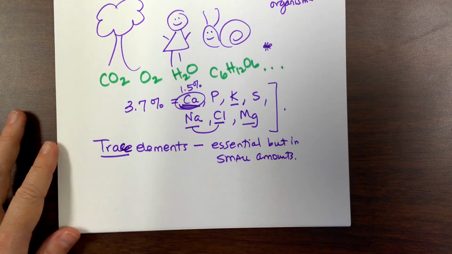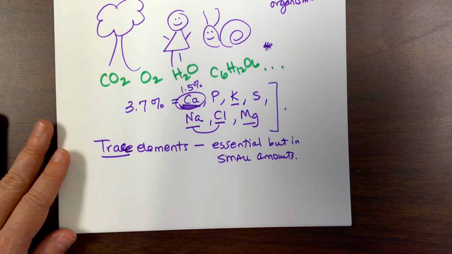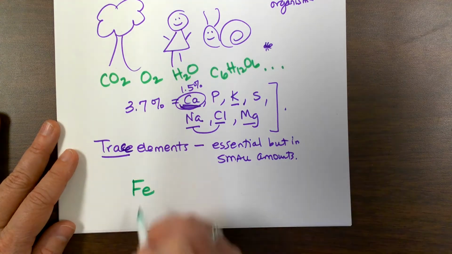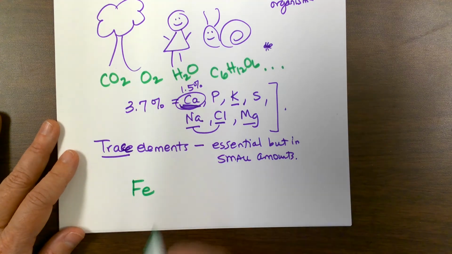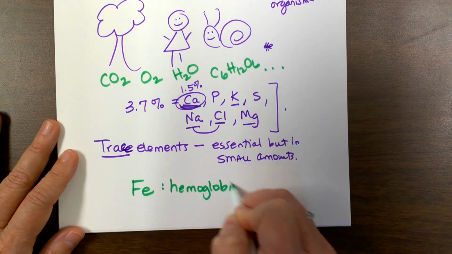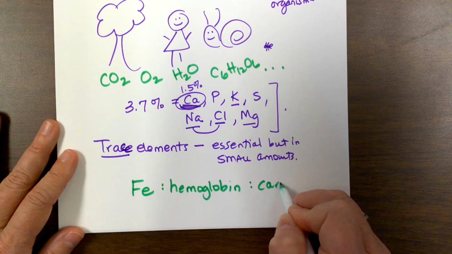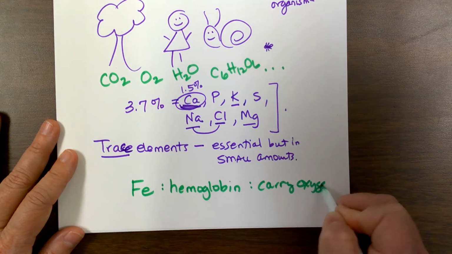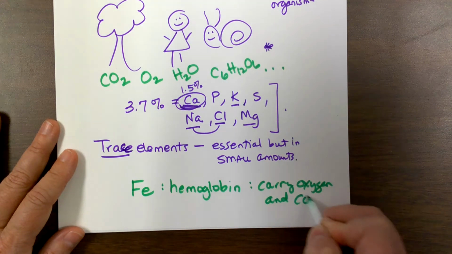And one of the ones that should be the most obvious is iron. Okay, iron is chemical symbol Fe, and your hemoglobin needs it to help carry oxygen and carbon dioxide.